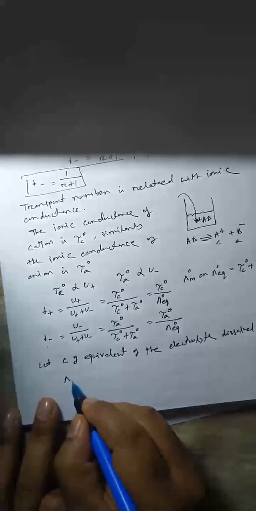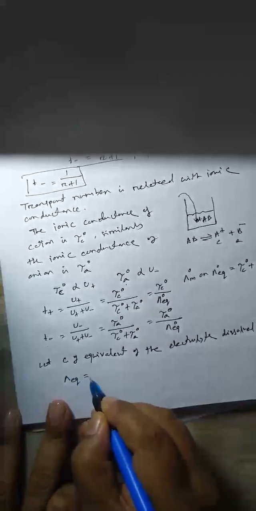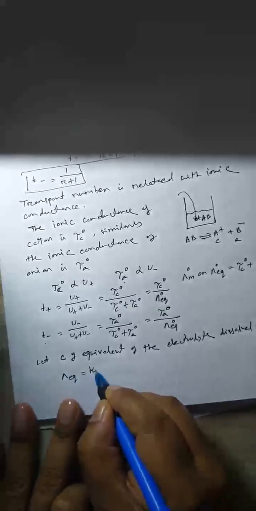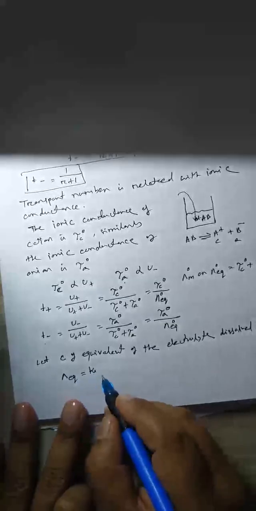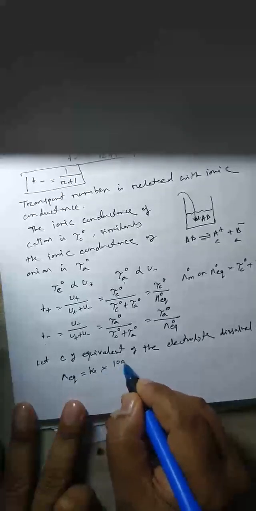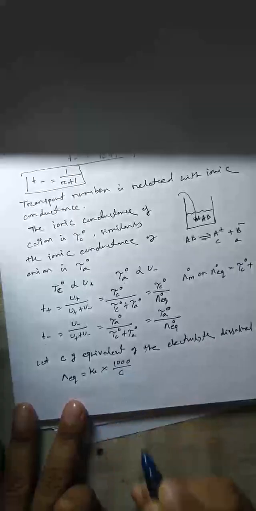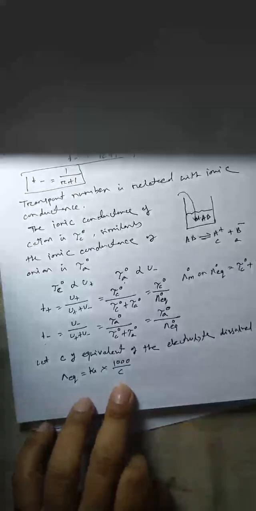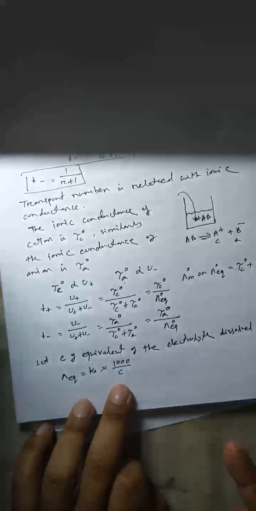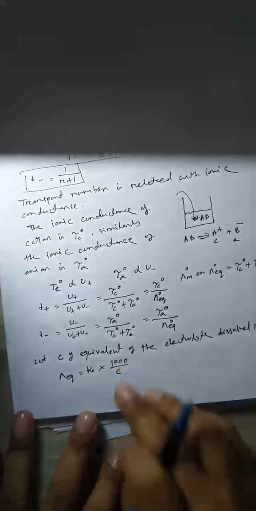Then what is the equivalent conductance? The equivalent conductance is equal to the specific conductance, or conductivity, into 1000 divided by C. Here, in place of normality, I write C gram equivalent. So this is the relation between equivalent conductance and 1000 by C.